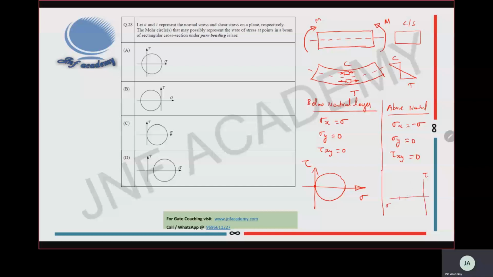Negative value, sigma y is 0. Okay, so the diagram will come like this. One is positive, another one is negative. So from this we can choose two options, B as well as C. Both are uniaxial conditions.